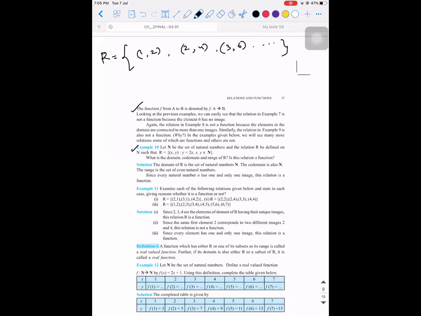All natural numbers, sir. The codomain is also all natural numbers because x and y both belong to natural numbers. So input and output both belong to natural numbers. I told you the second set is the codomain, so the codomain is also natural numbers. What is the range? The range is even natural numbers: 2, 4, 6, it keeps on going like this. Are you able to understand? Now tell me, is this relation a function or not?